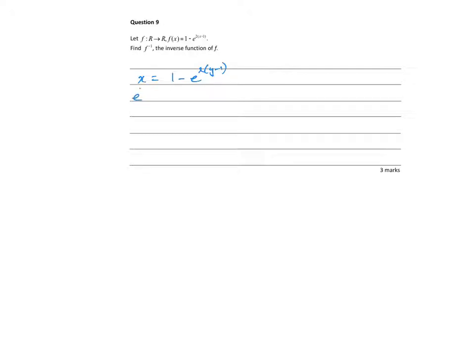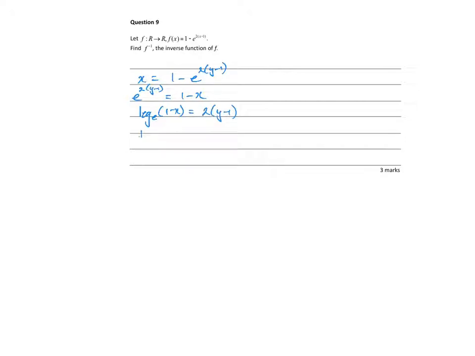So we'll go e to the 2y minus 1 is equal to 1 minus x. So there's my base. Log base e of 1 minus x is equal to 2 times y minus 1.